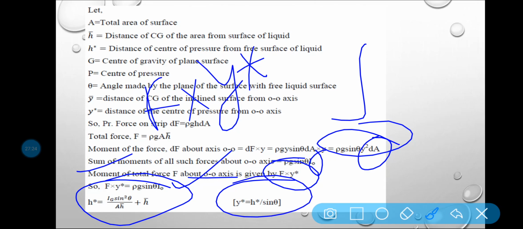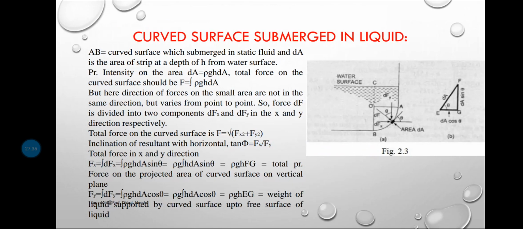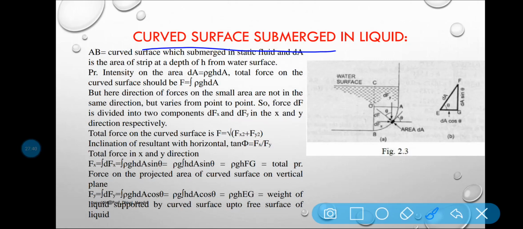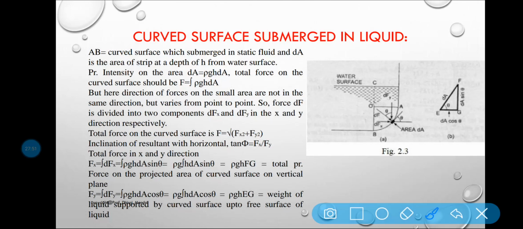So this is all about the inclined surface. This is all about h star, that is your center of pressure. Now if I am considering a curved surface submerged in the liquid, then this is your curved surface. At this point you will see the horizontal pressure force, dFx, horizontal like this.